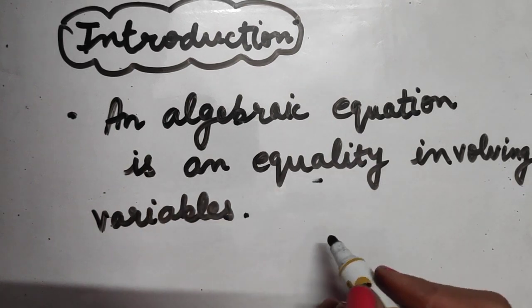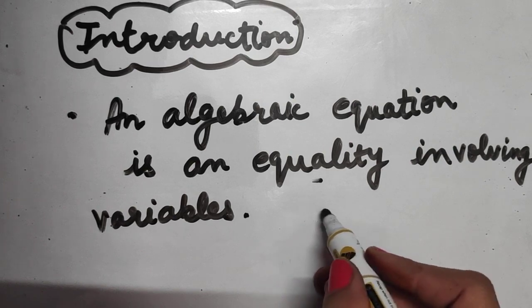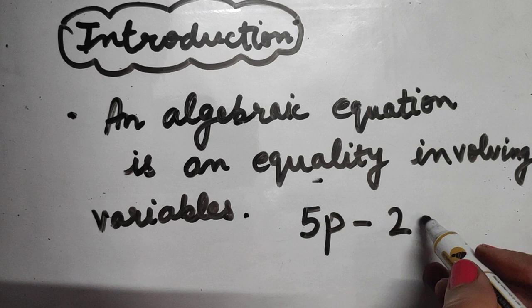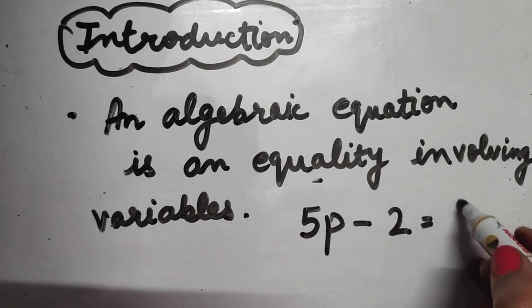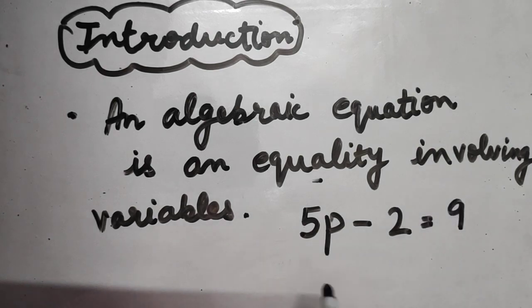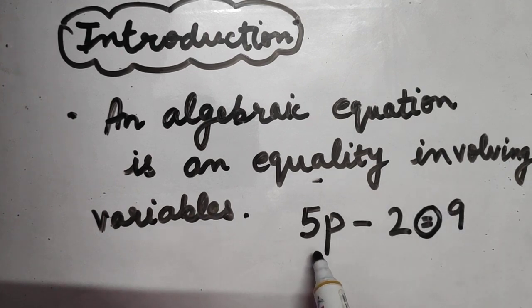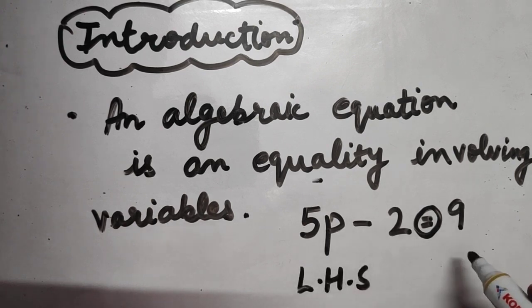Like I have given you the example, we can take another example. It may be 5p minus 2 is equal to 9. Here, this is our equality sign. The expression on the left of the equality is the left hand side, and the expression on the right of the equality is the right hand side.